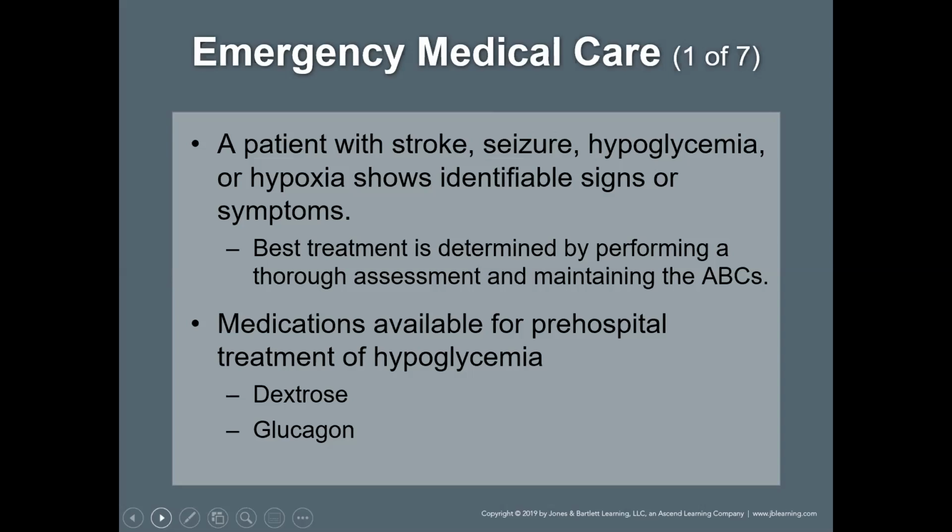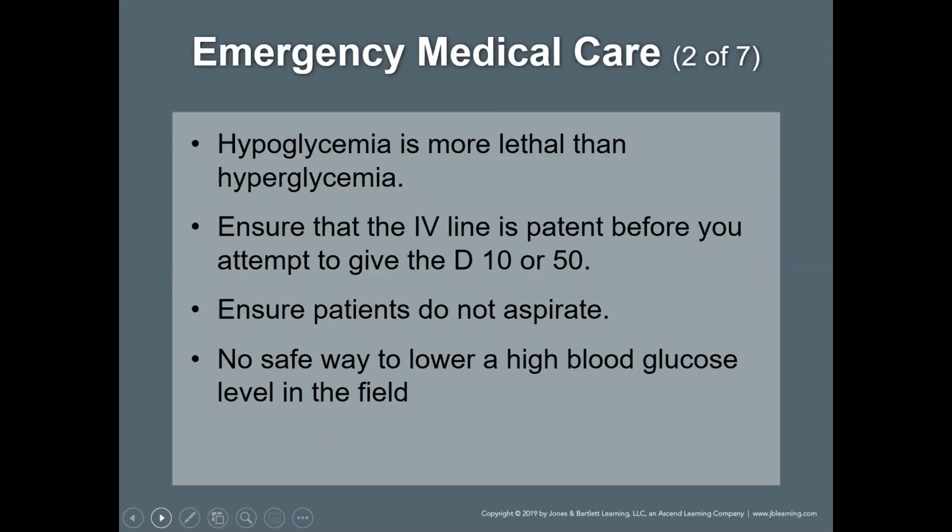For basics, if they're altered, we can't give them oral glucose. For advanced, we have D10, which is much better if they're hypoglycemic than D50, and glucagon if we can't get a line. So those are some of the interventions we can do.